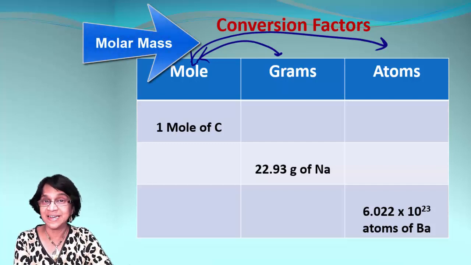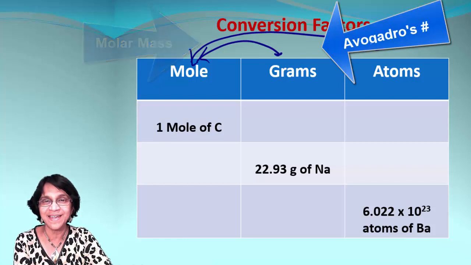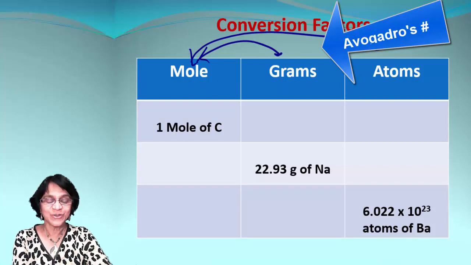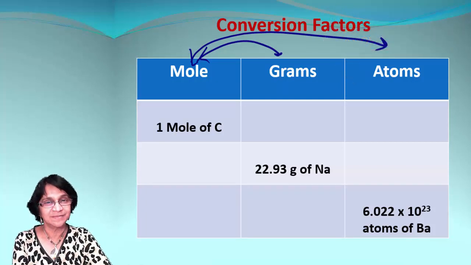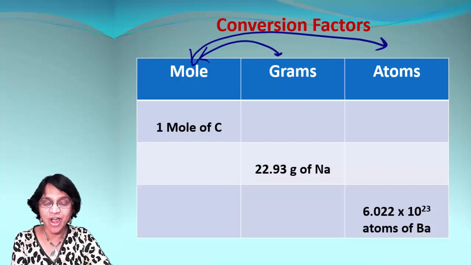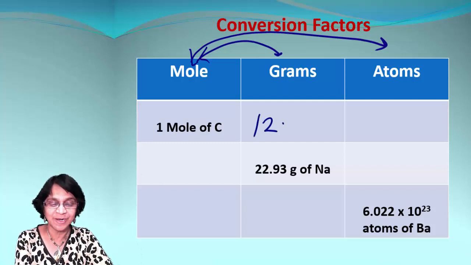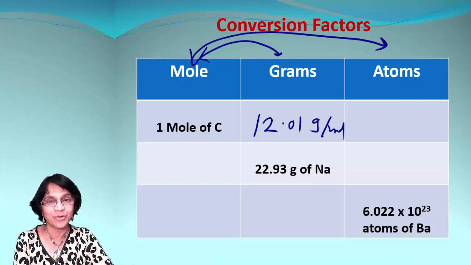Moles to grams is connected by molar mass, and moles to atoms is connected by Avogadro's number. So 1 mole of carbon, what's the amount in grams? That's the mass of 1 mole, which is the atomic mass for carbon, which we know from the periodic table will be 12.01 grams per mole.